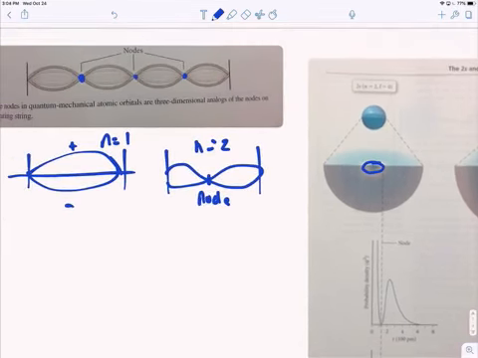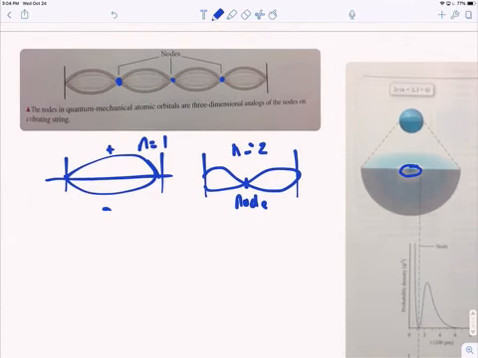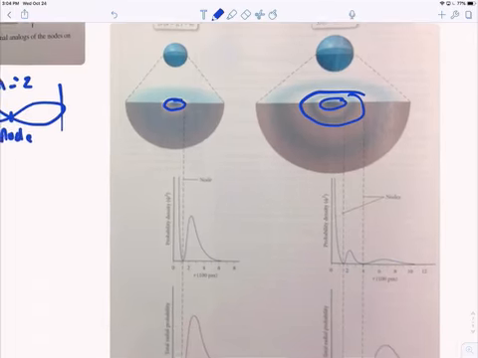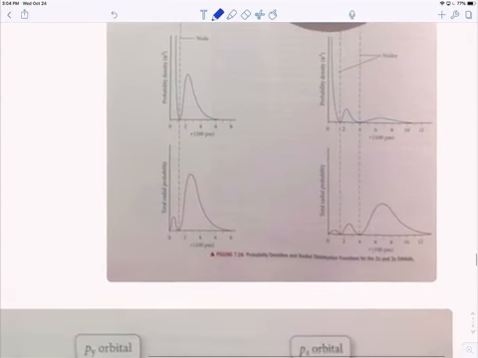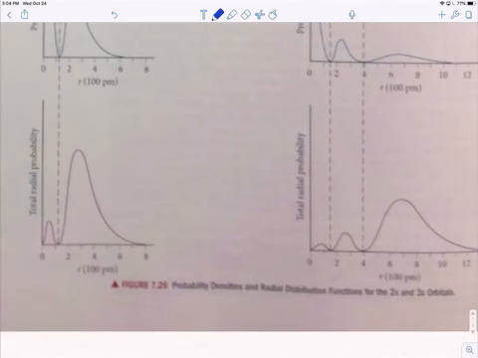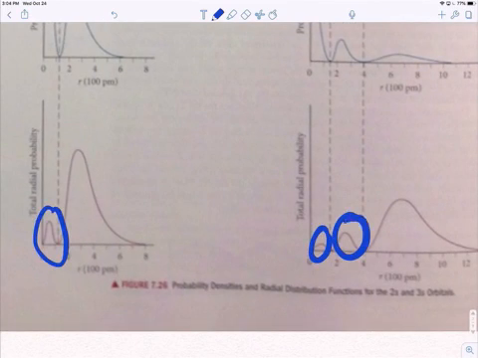And if you notice, the number of nodes is n minus 1. So the 1s has 0 nodes, the 2s has 1 node, 3s has 2 nodes. And something to note with these functions here, you see here the total probability versus distance. There's a little hump here, and then there's 2 humps in there.